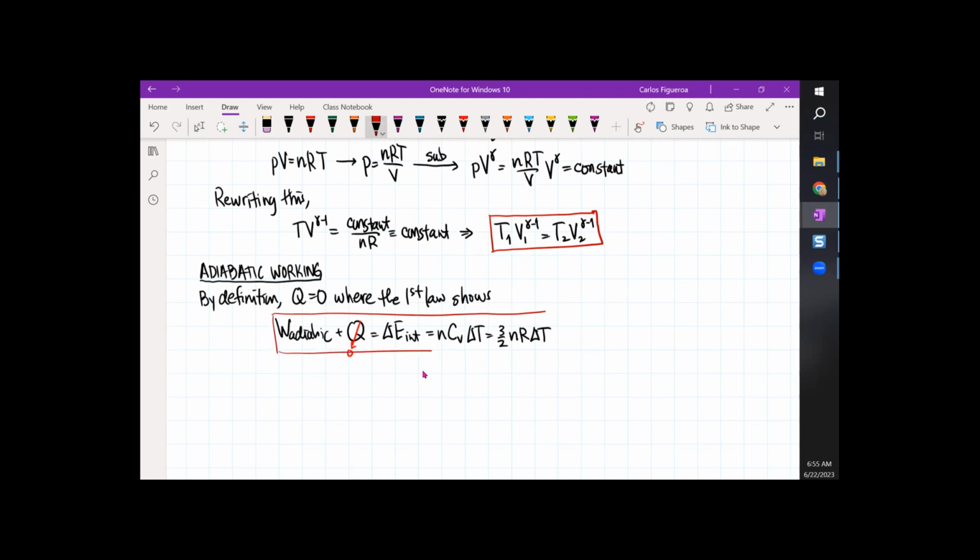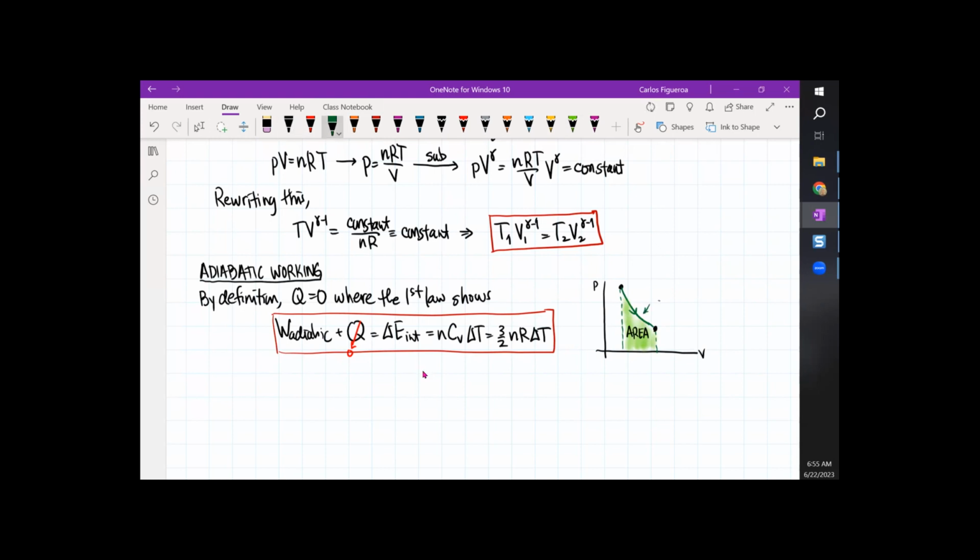So physically, what does this mean here? Well, the adiabatic work is still the area. So if I have a state here and I have one here, and this is my adiabatic curve right here, then this has to be the area of that adiabatic curve.